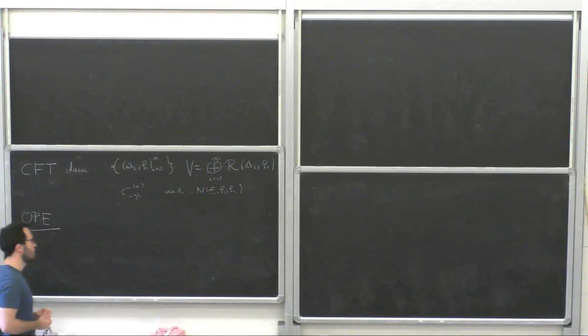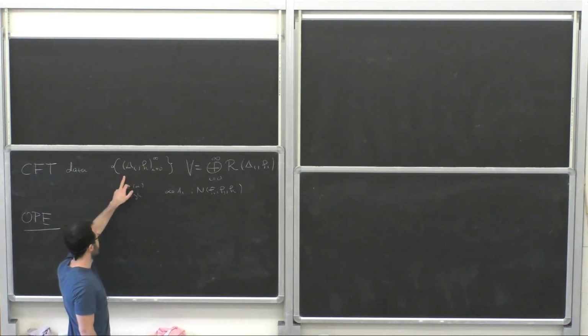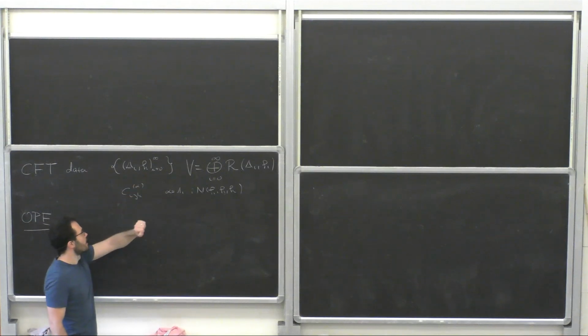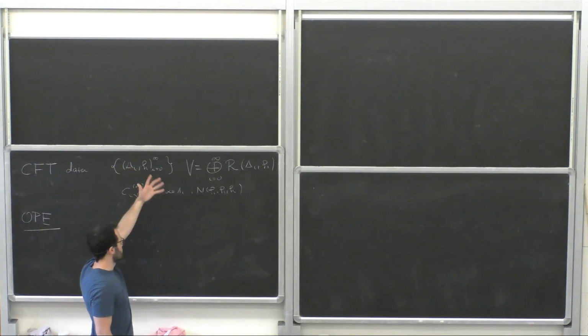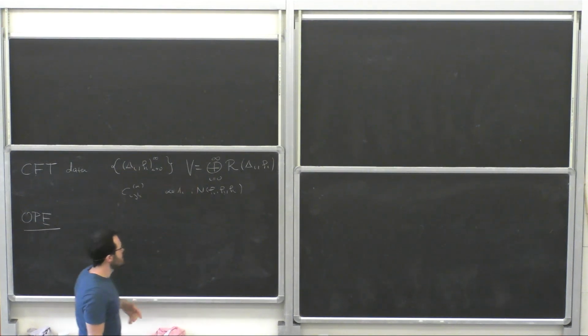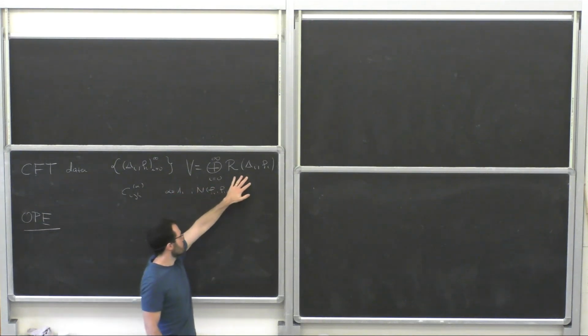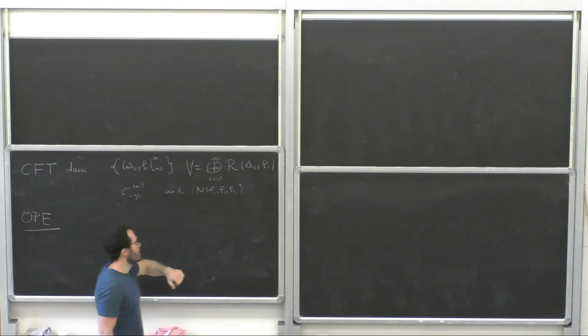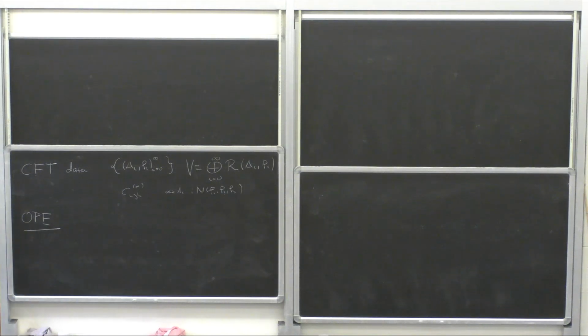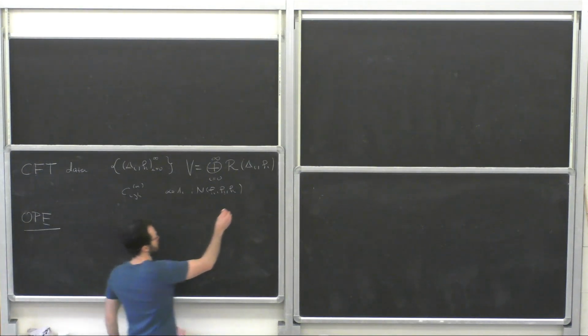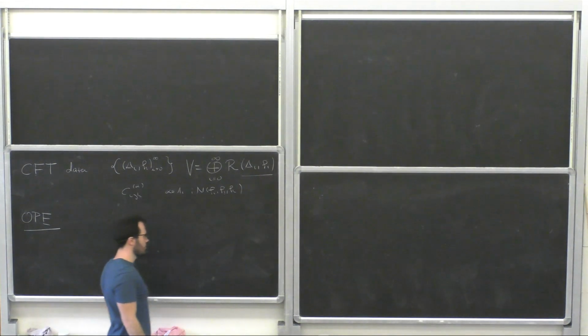These local operators are labeled by so-called CFT data, which is the spectrum. The spectrum consists of scaling dimensions and spins, which arise by decomposing the Hilbert space on S^(D-1) into irreducible unitary representations of the conformal group, where these Delta and rho can be thought of as labels of those representations.